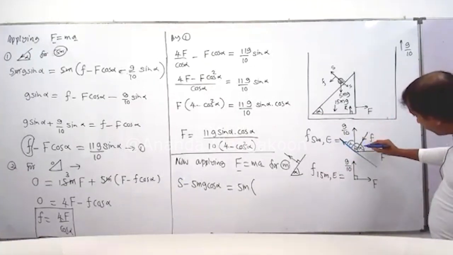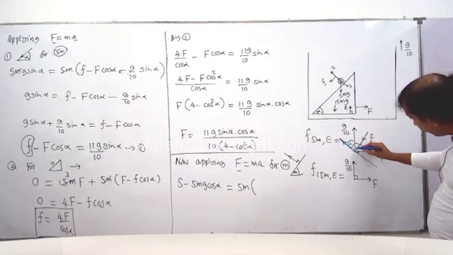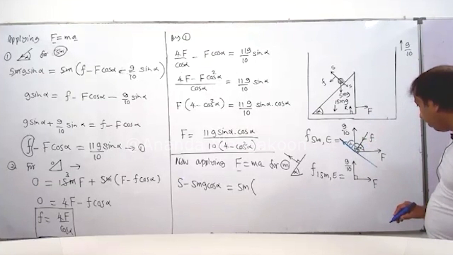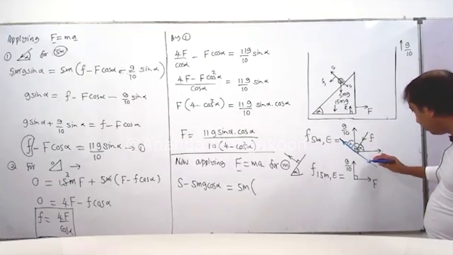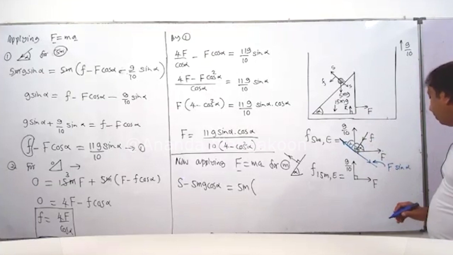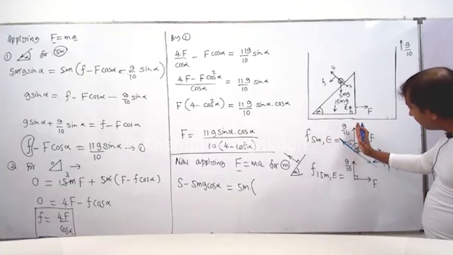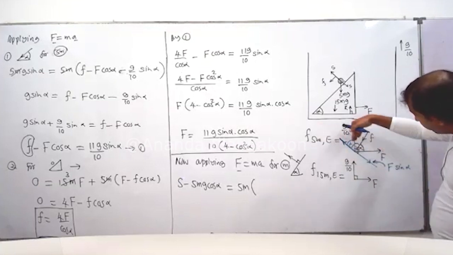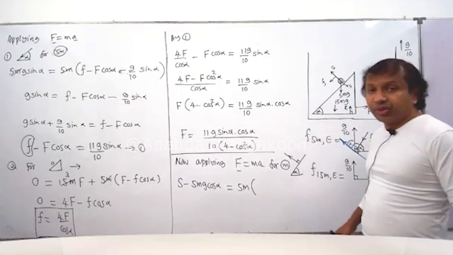When this is alpha, this angle is 90. Then the component of this F along this direction is F sin alpha.